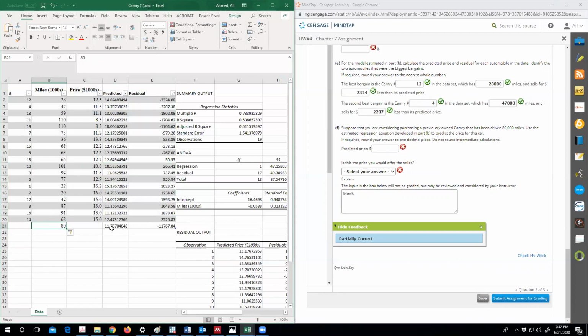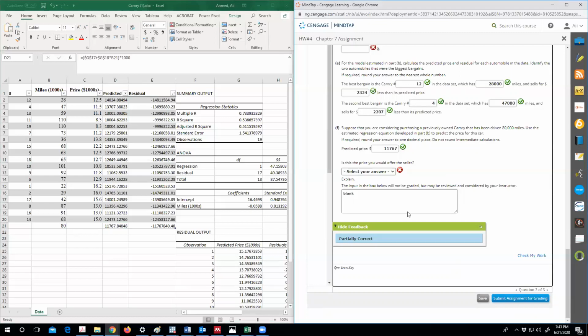So the predicted price should be this one, which should be again in thousands of miles. So a whole number will be 11,767.